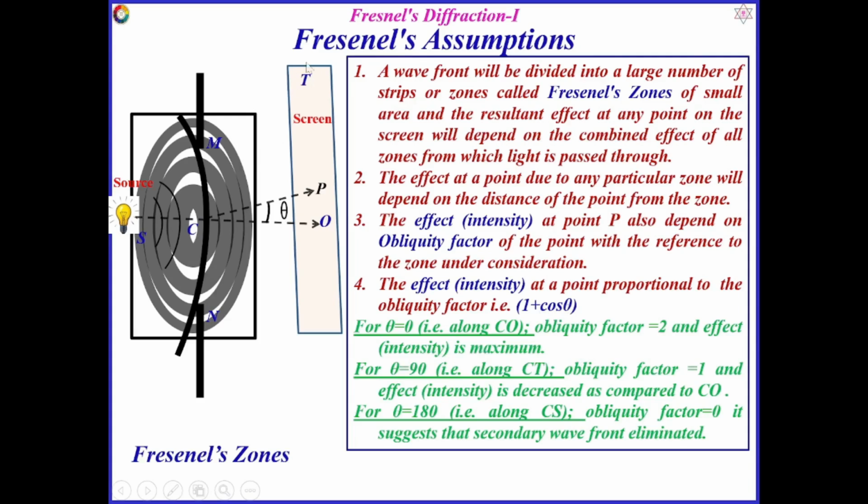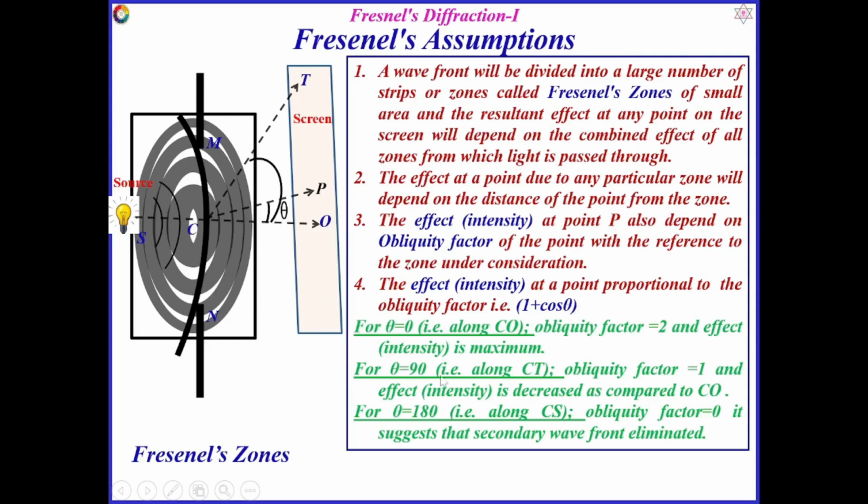Okay, now we are going to consider another point. Suppose T over here, and the angle from this center or from this line to this point is this one. Suppose this angle is 90 degrees. This T is at the top of the screen. So what will the obliquity factor be for this point with respect to the first half period zone?